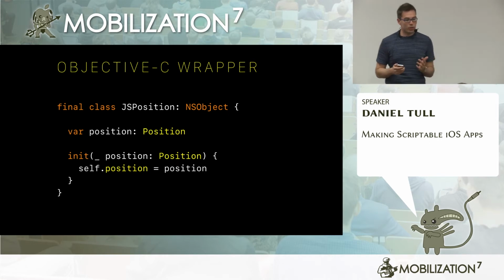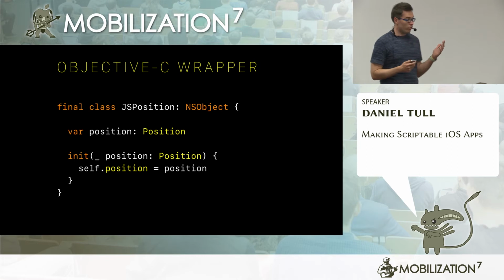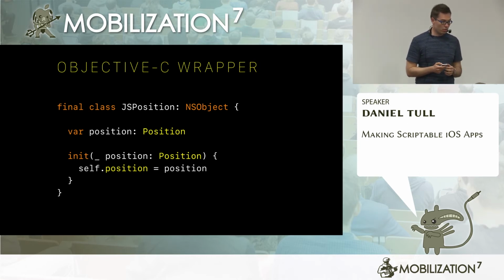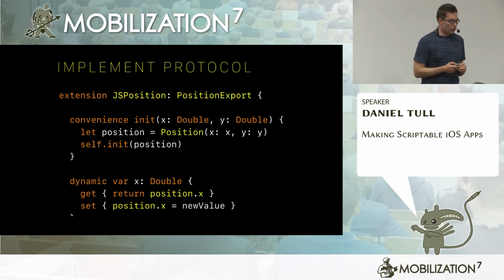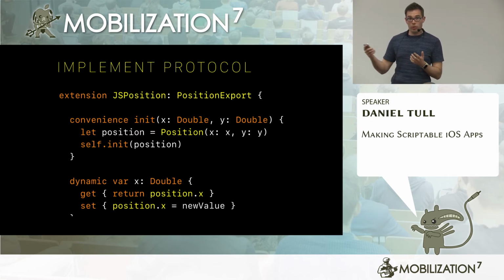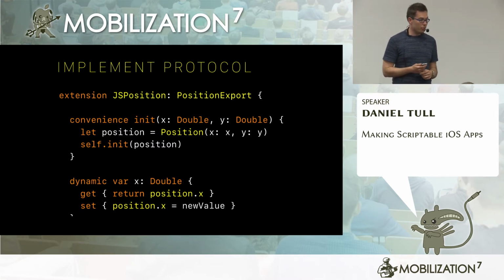What you'll notice here is that none of the properties or init method from our JavaScript protocol are implemented in this. So to do that, we can just add a convenience initializer, which takes the X and the Y, creates our real position value, and sets that via the default initializer.